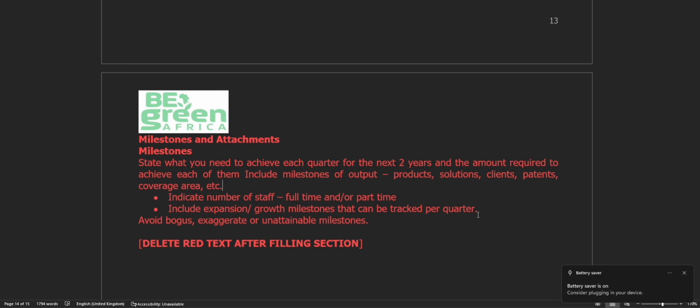So, do you want to expand to another city? The milestone is here for you. When do you want to do that? When? So you actually have to ensure it is well spelled out.